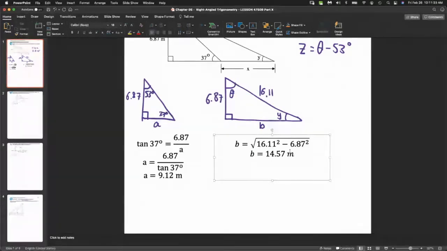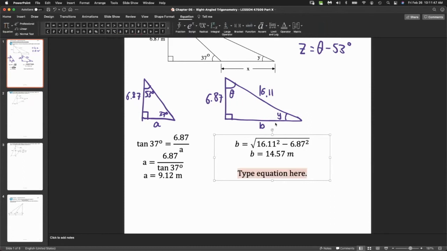We need one more thing here. We need theta or y. Thank you, Shalon. So sorry, you need either theta or y. Once you get one of these, the other is easy to get because of the 180-degree rule. I'll get theta. So I'll use cos theta.